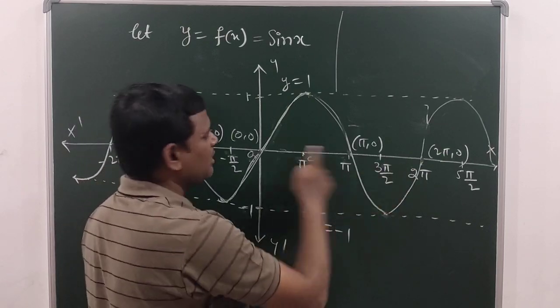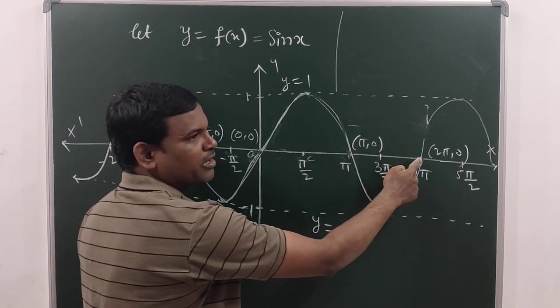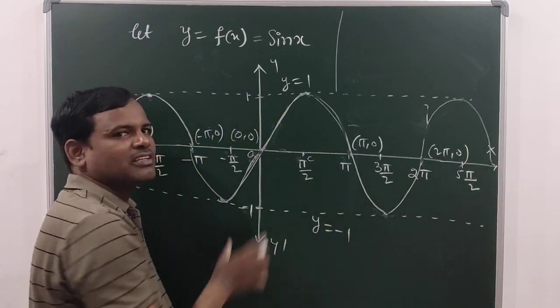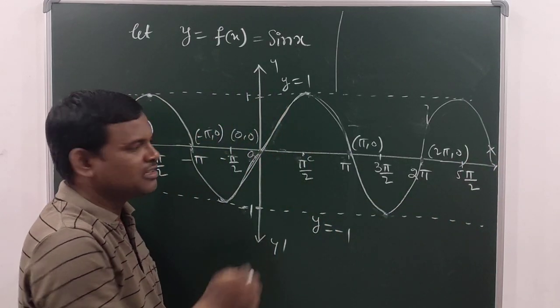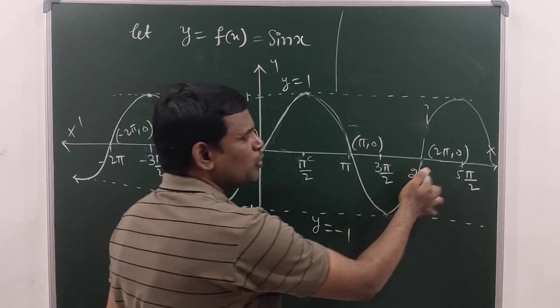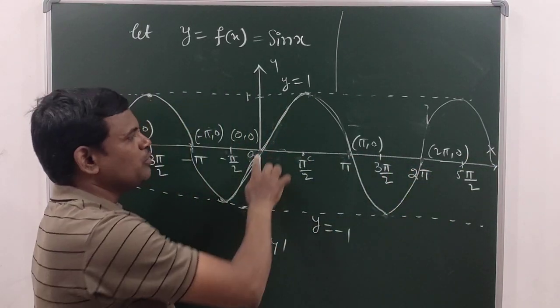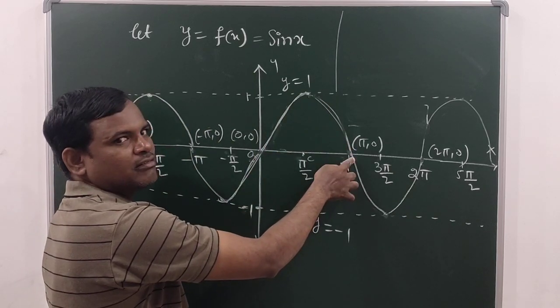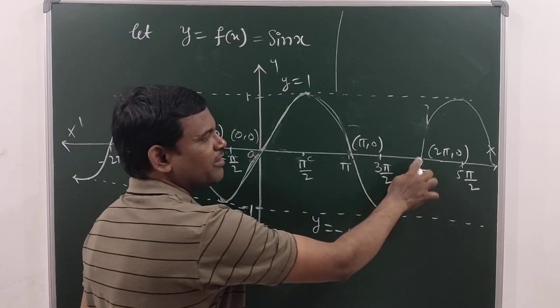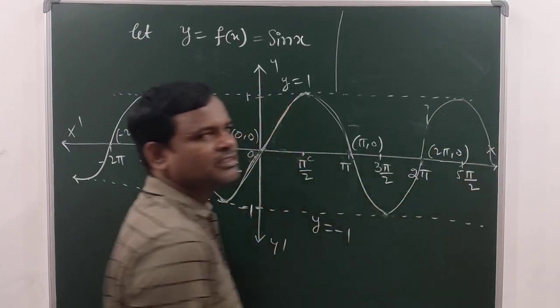Okay, so after 0 to 2 pi, again you get one crest and one trough at regular intervals. So observe this graph from 0 to pi, and observe from 2 pi to 4 pi. You get one crest from 0 to pi and one trough from pi to 2 pi, again crest, trough.